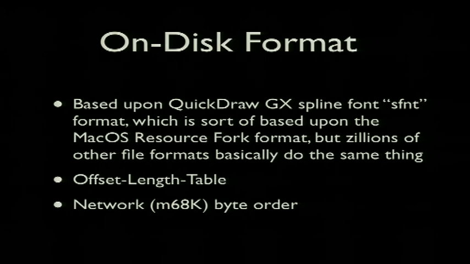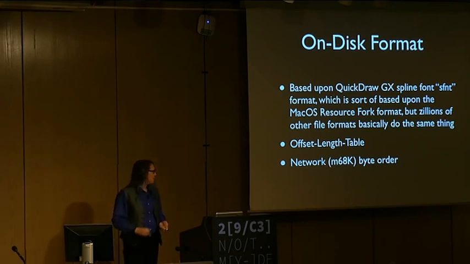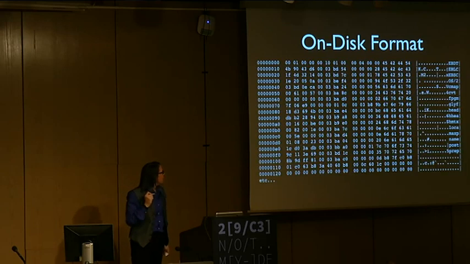So the actual file format's pretty simple. It's one of those file formats where there's basically a table of offsets and links and checksums at the beginning, and then basically just giant chunks of structures stacked one on top of each other. I think it was originally developed for the Mac or something, so it's in big endian byte order.